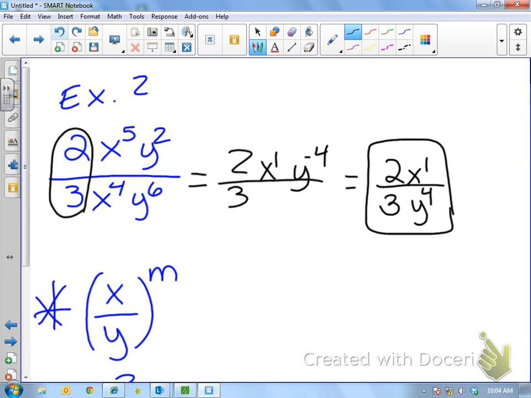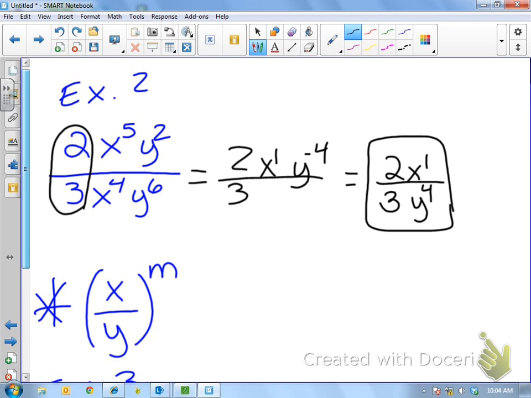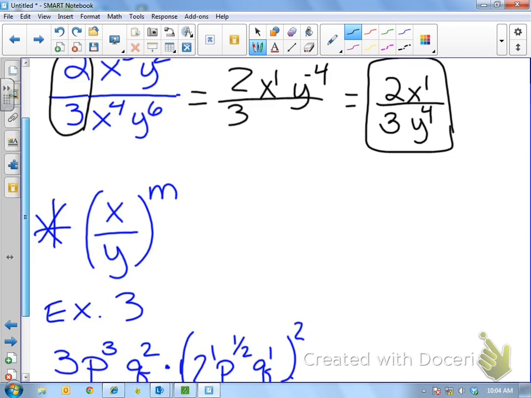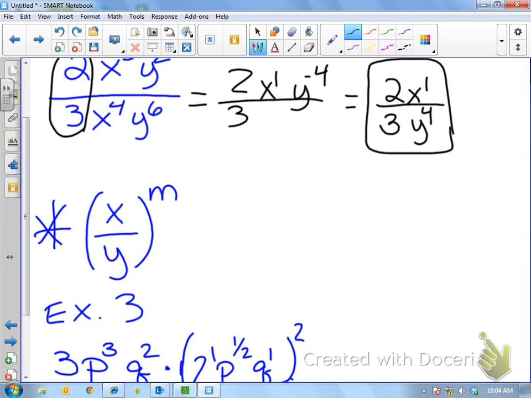So one more property, one more example. And then we'll be done with notes for today. So, our last property, x over y to the n. But what did we do with parentheses when we were multiplying? We distributed, we multiplied. Well, it's going to be the same for this.